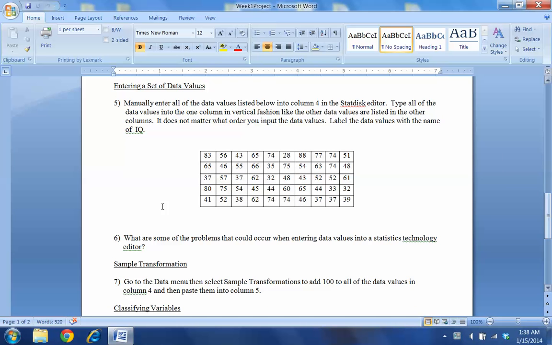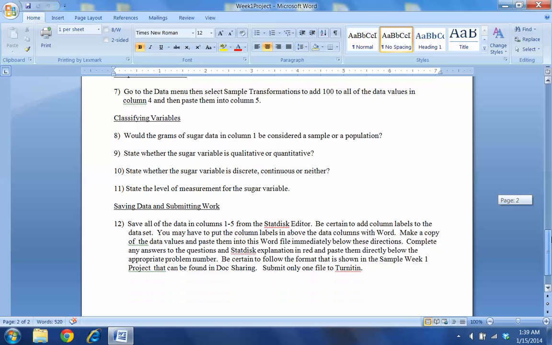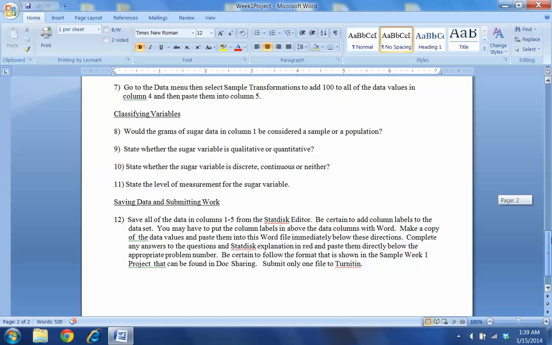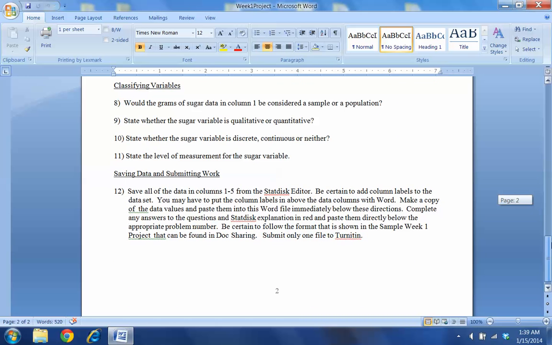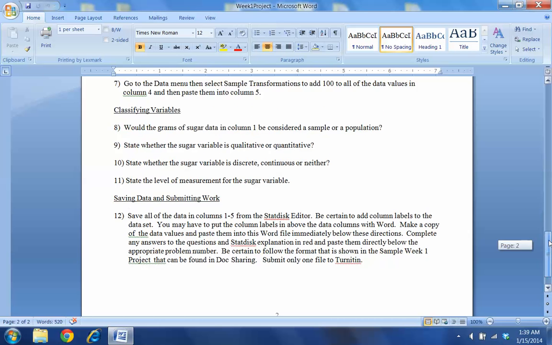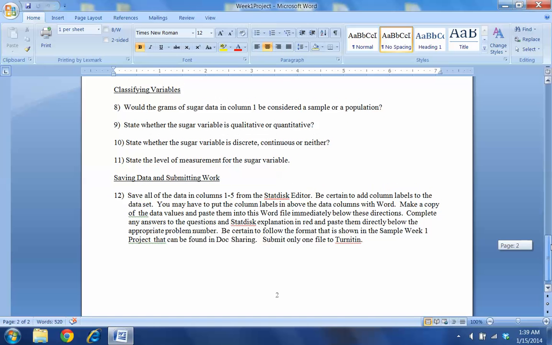It's just basically to get you oriented and familiar with the StatDisk statistical software package that we're going to use throughout the entire course. Now, on each project, there also are some questions for you to answer. Usually at the end of each project, there are some questions about variables. And this is important for 2 reasons.